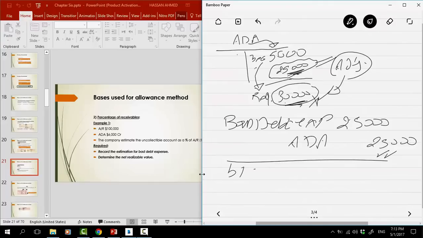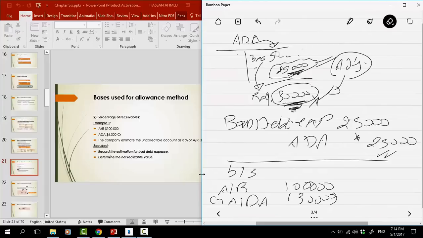Can you write the amount of the accounts receivable in the balance sheet? For sure, accounts receivable minus ADA. Accounts receivable $100,000. How about the ADA? $30,000. Not 25? No, not 25. Why? As I said, I made an adjustment with $25,000 in order to reach the $30,000. Okay. Another example.